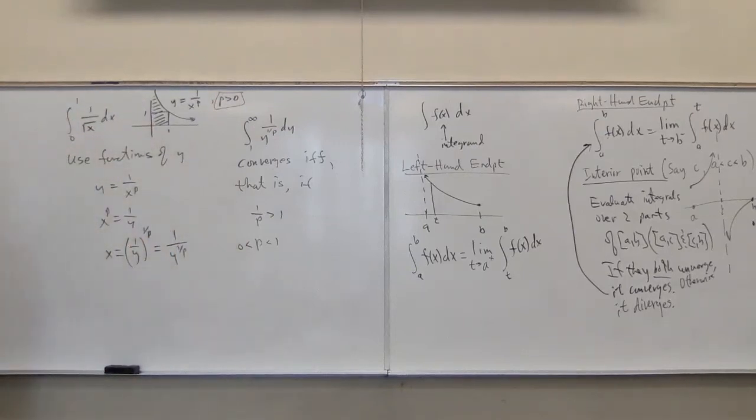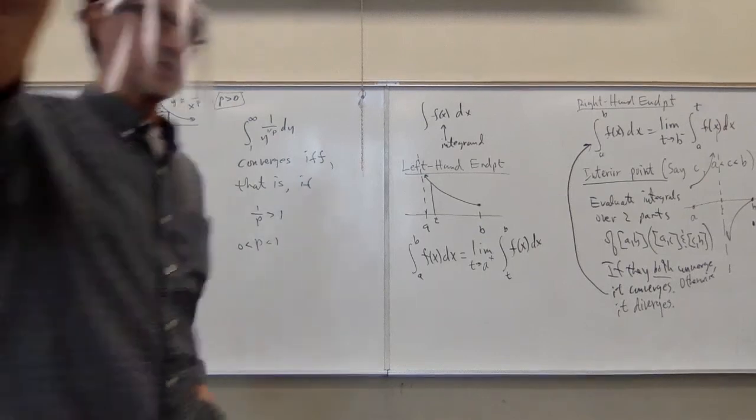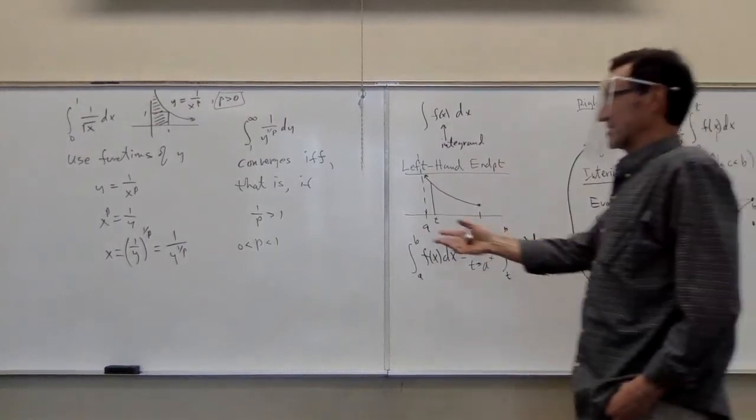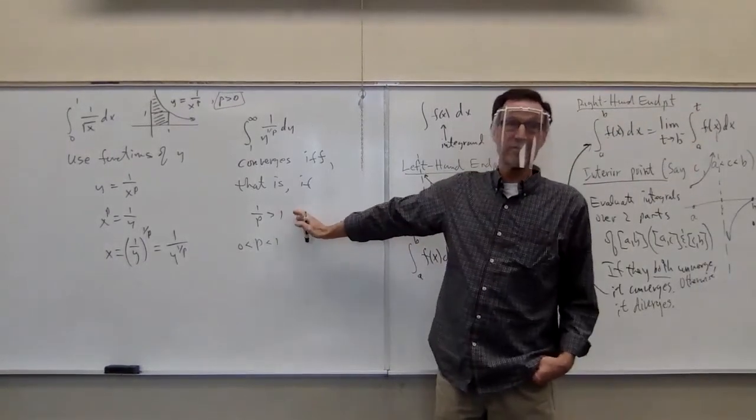If it's negative, it's not an improper integral, it's a proper one, therefore it has a value. To be improper, we need P to be positive. And then it turns out we need it to be less than 1 for convergence.